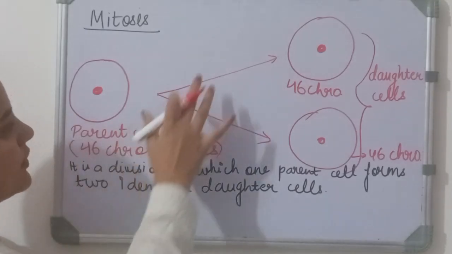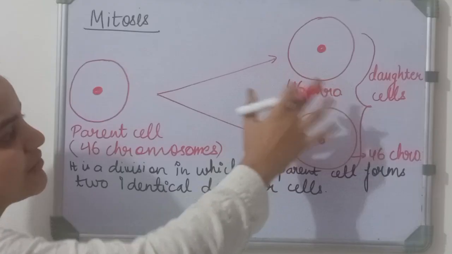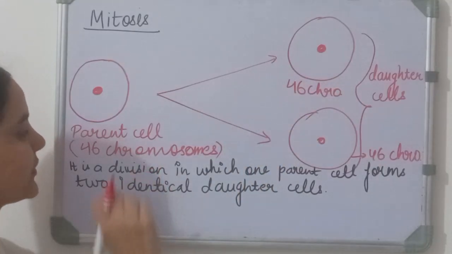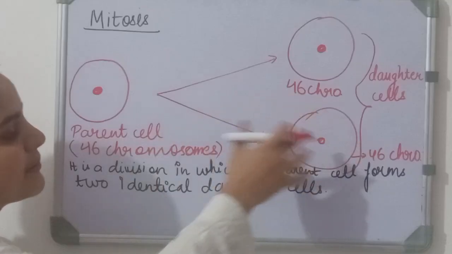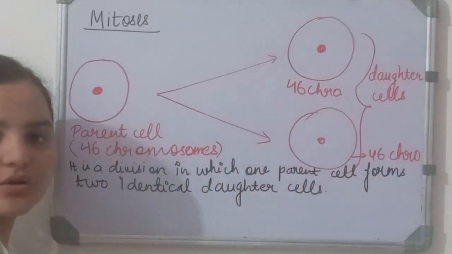So the DNA is equally distributed and the chromosome number is retained in the daughter cells.